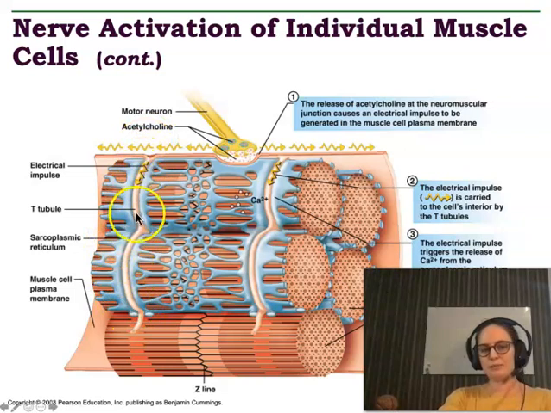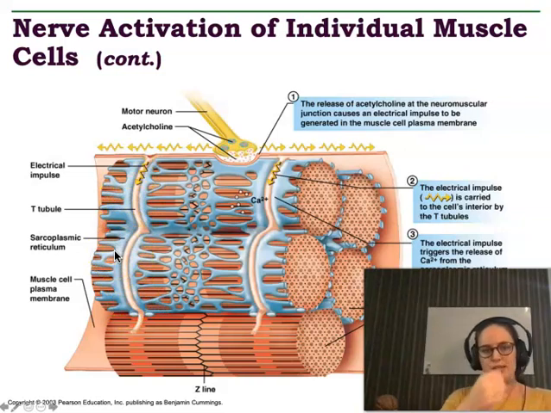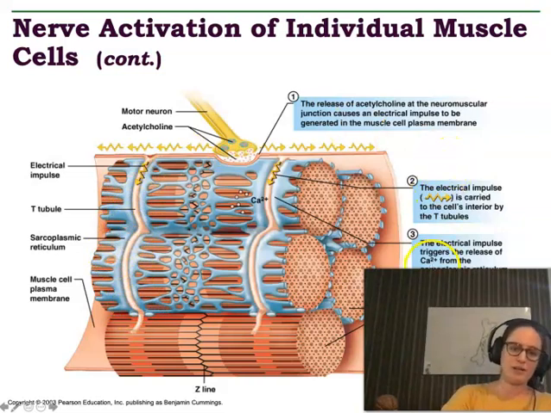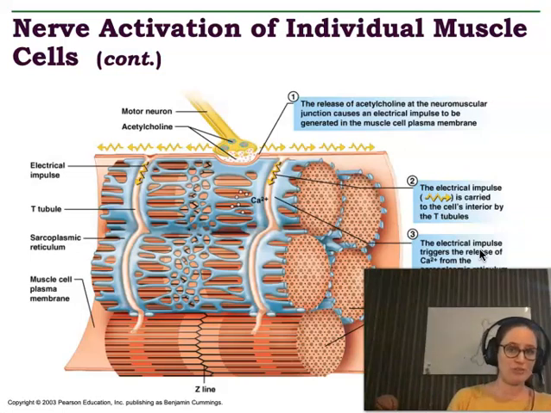So this electrical impulse, this action potential propagates down the T-tubule. That's going to cause a change in the sarcoplasmic reticulum. The sarcoplasmic reticulum is going to store calcium. So again, right now we're just working on definitions. So in your notes, you're going to want to write sarcoplasmic reticulum stores calcium, right? And they're adjacent to T-tubules. And then we're going to put the process in after.